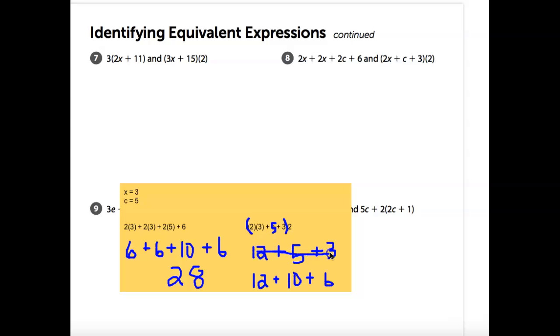So ignore this one. I can't erase it because if I erase it, everything goes away. So we're distributing this 2. Okay, 2 times 3 is 6, so 2 times 6 is 12. Or you could have done 2 times 2 is 4, plus 2 times 3 is 6.